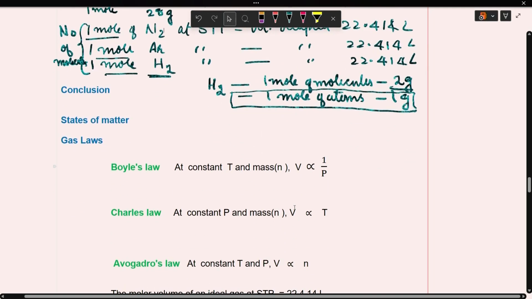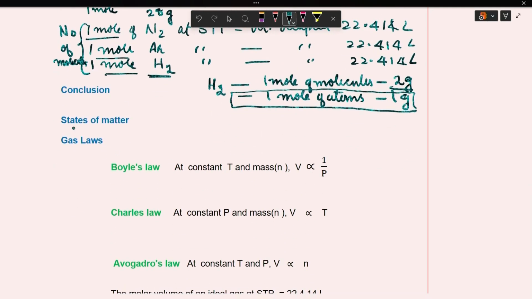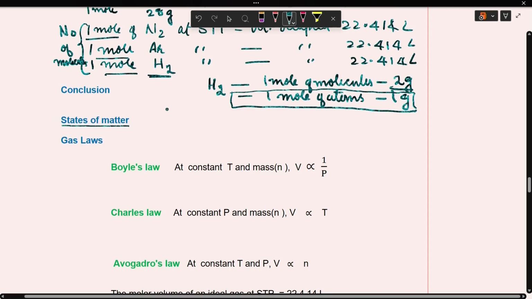Now, to conclude, in this session we have been seeing states of matter, that is, we consider solid, liquid and gas. Depending upon the temperature and pressure conditions, the matter can exist as solid, liquid and gas. Of course, there is another state considered, but we do not have it here, that is the plasma state, at a very high temperature.